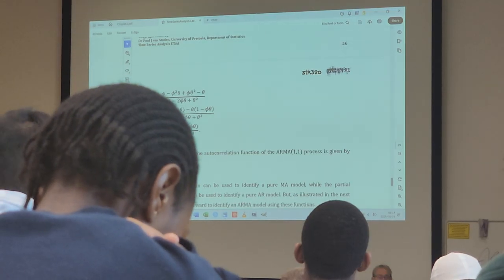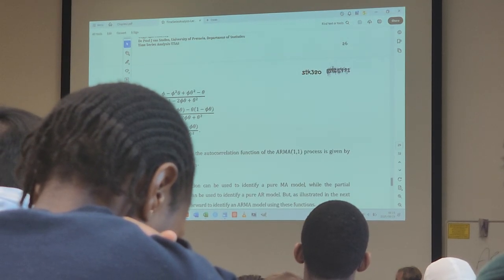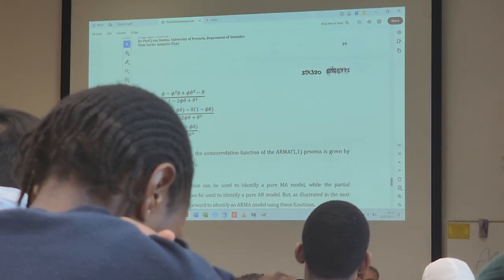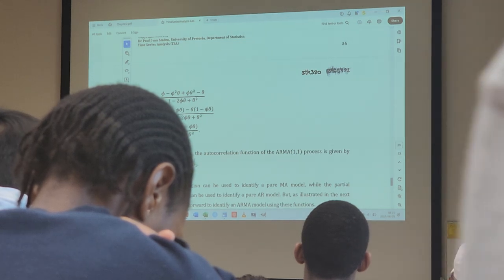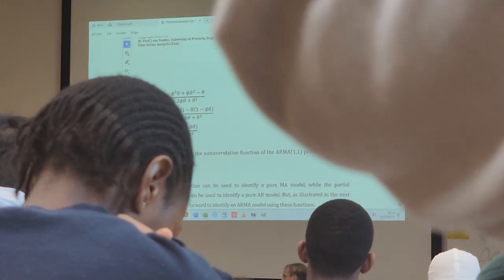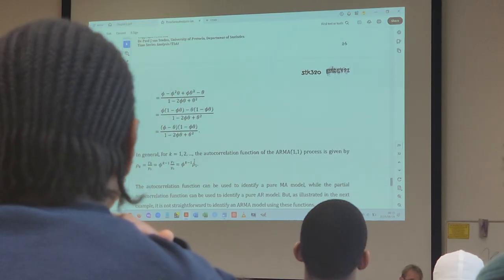Now, something important. When you have a pure MA model and you want to identify whether it's an MA(1) or an MA(2), then you use the autocorrelation function. I'm saying this again: when you have a pure MA model and you want to know whether it is MA(1) or MA(2), use the autocorrelation function.